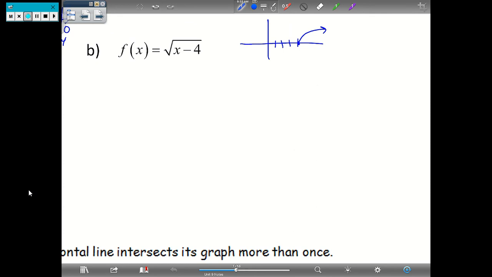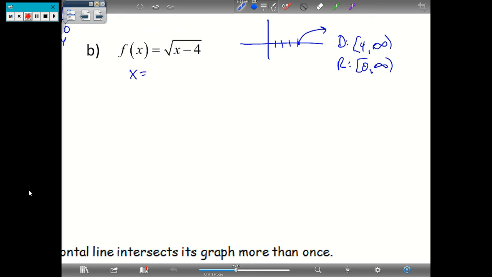Let's do its domain and range. So I can look at the picture, look at the graph. So its domain, it starts at 4, right? And goes to infinity. What about its range? Starts at 0 and goes to infinity. Okay, great. Looking good. So now let's switch the x and the y and let's solve.